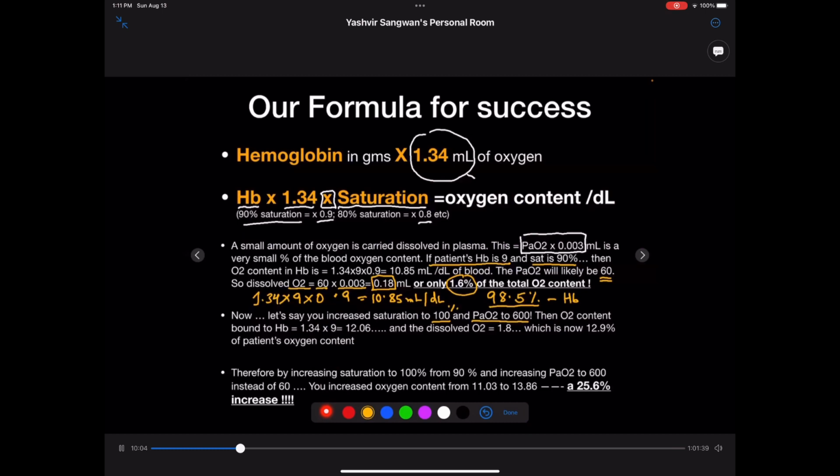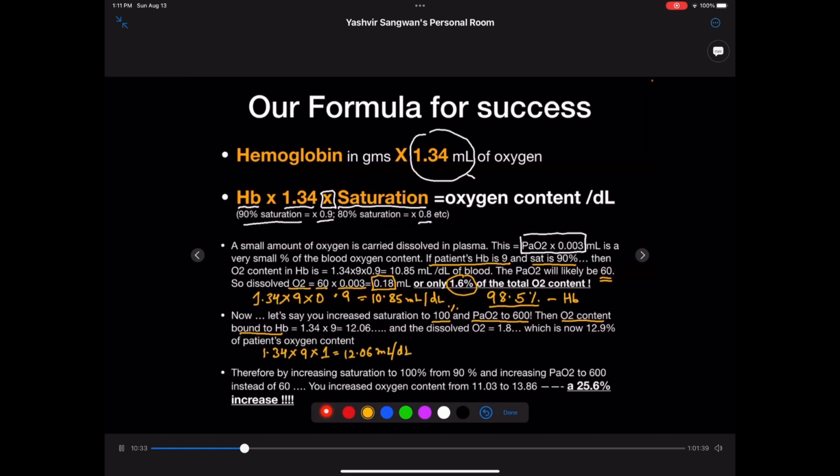Even in that case, and you don't know what you had to do to get to this 600, the oxygen content bound to hemoglobin would be 1.34 times hemoglobin, which is 9, times 100%, which is 1, which equals 12.06 ml per deciliter.